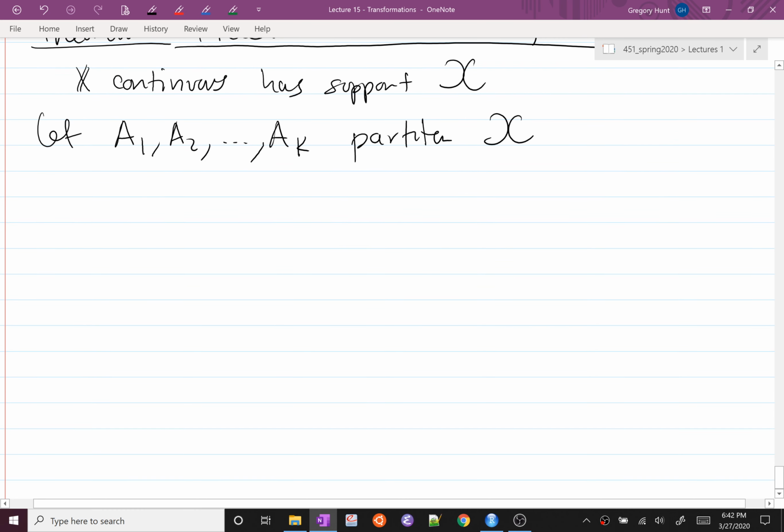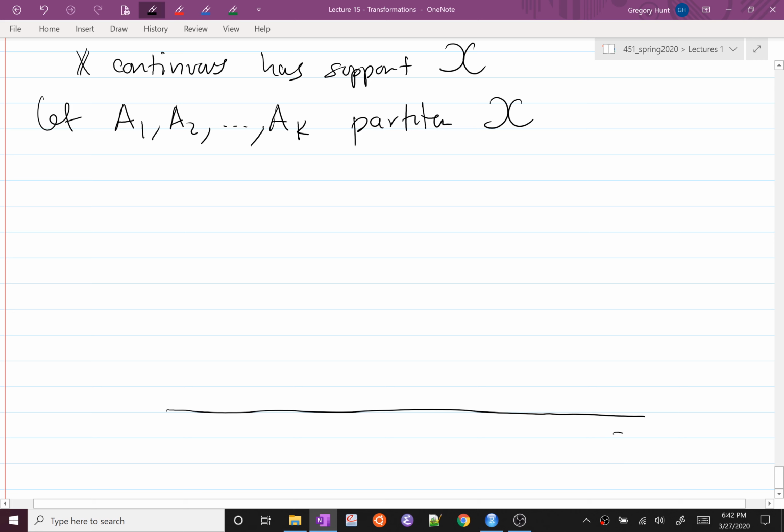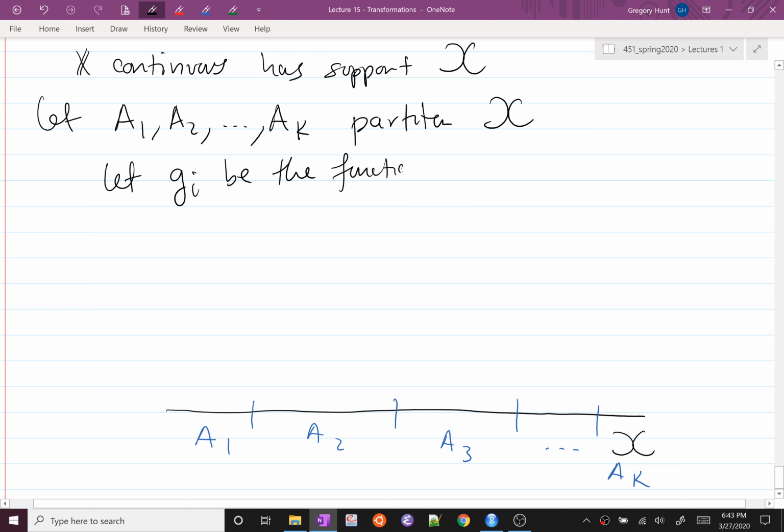So the picture is, here's my support of X, and I'm going to break it up into chunks a1, a2, a3, etc., all the way up to some a sub capital K. And we're going to let g sub i be the function g on each chunk a sub i, where i goes from 1 to capital K. So if this were my function, let's draw this so it conforms correctly.